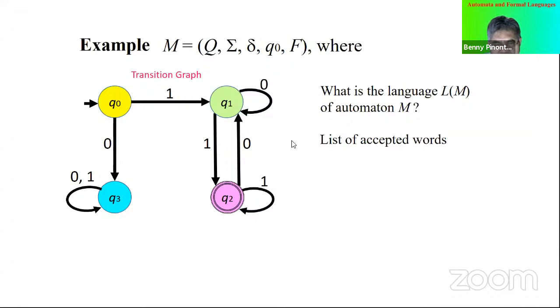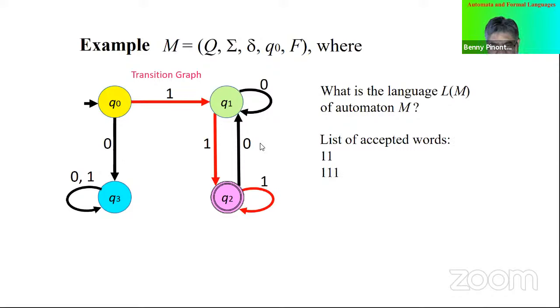So this is a list of the accepted words. The shortest one: we start from Q0 to Q2, that is just 1 and 1. So that is one of the accepted words, 1, 1.